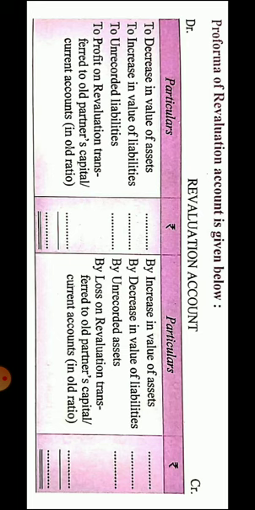Next, the credit side. First on the credit side is increase in the value of assets. On the debit side it was decrease in the value, and on the credit side it is increase in the value. So an increase in the value of assets is a benefit, a profit to the firm, and it will be credited. Similarly, second, decrease in the value of liabilities: if any liability is decreasing, it is another profit to the company.